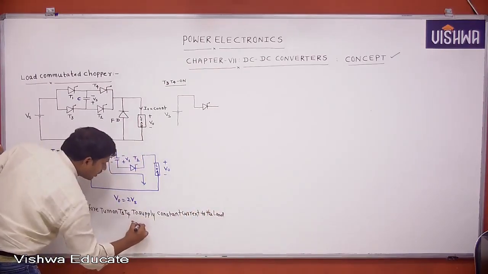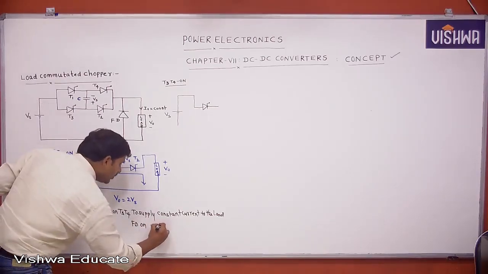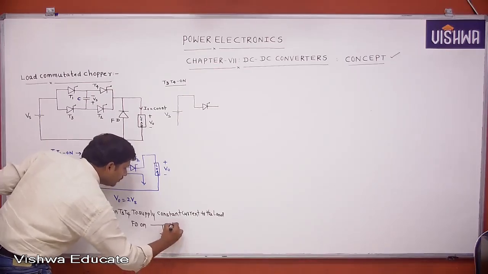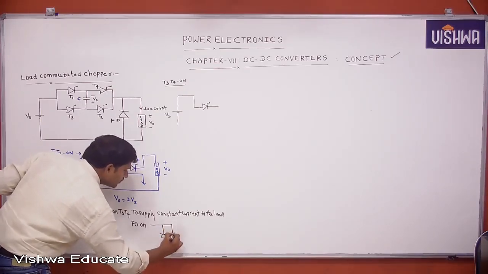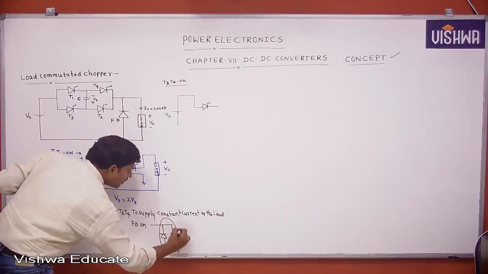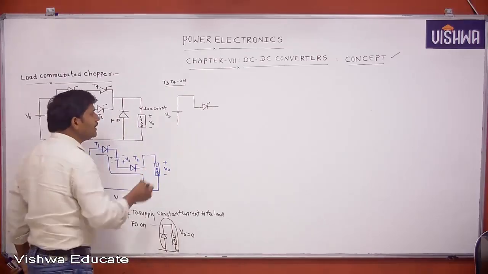The freewheeling diode is on. This is important. Before turn on of T3, T4, the freewheeling diode will supply the current to the load. If the freewheeling diode is conducting, what is V0? 0. Now we can turn on T3, T4.